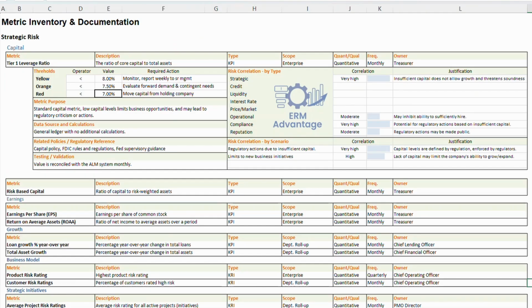Within each of the documentation tabs, we identified what we feel are correlation values to different types of risk. While we've put our metrics organizationally into one risk category just to give us some organization, as we said, metrics can have an impact or influence on different types of risk. So by doing that, it allows us to use this information in a deeper way.